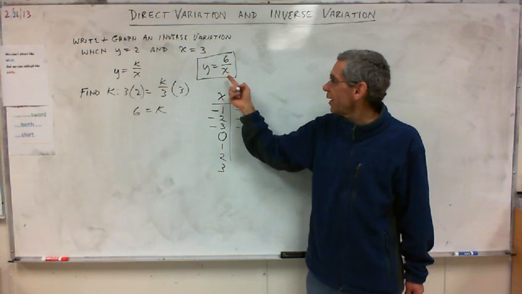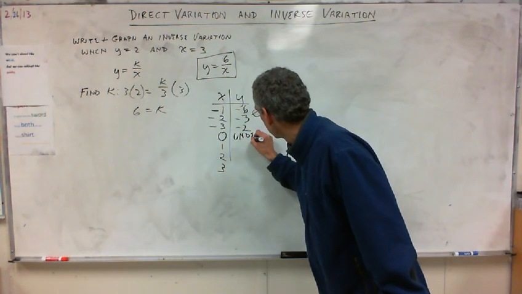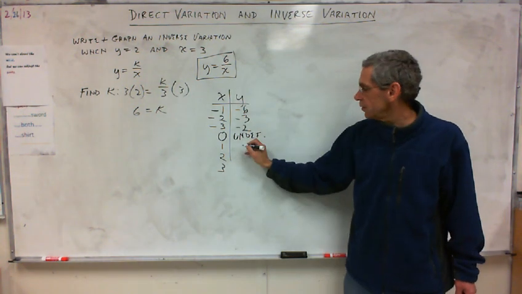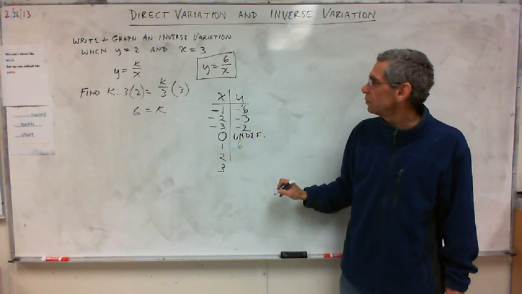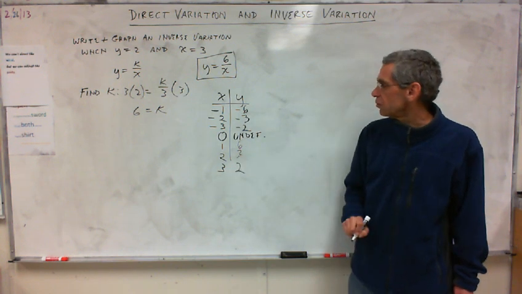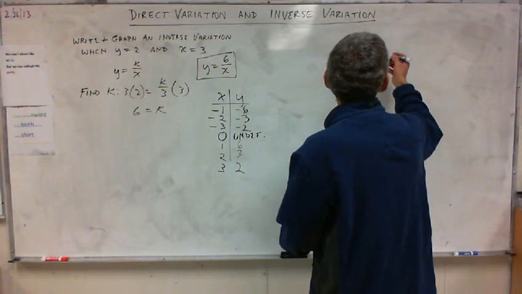All right, when x is 0, it's undefined. I'm going to write undefined. Okay? When x is 1, y is 6. When x is 2, y is 3. When x is 3, y is 2. So we have a lot of points to graph. So now we're going to graph these points.